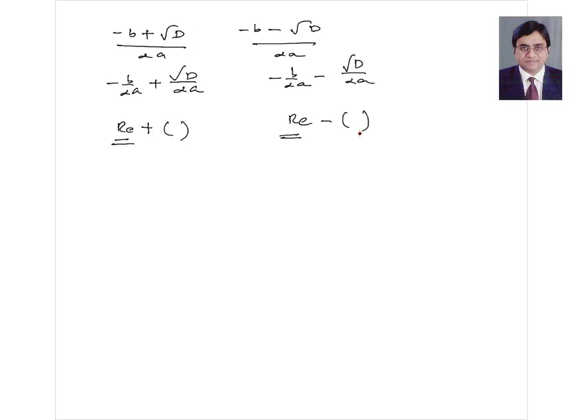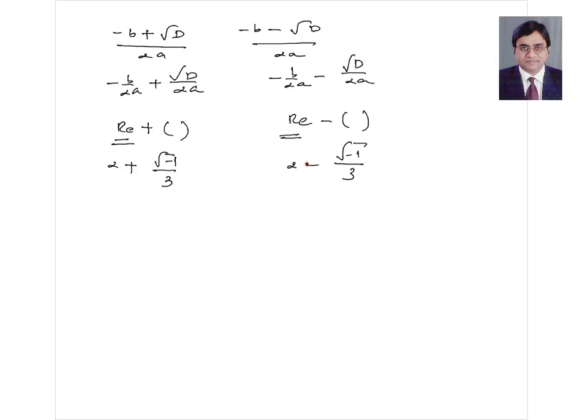For example, 2 plus root -1 by 3, 2 minus root -1 by 3. Look at these two. If you ignore the sign, it is the same, but the difference is in the signs.